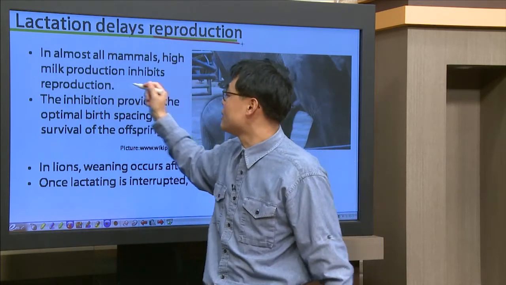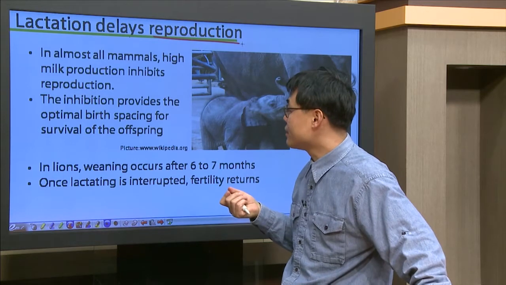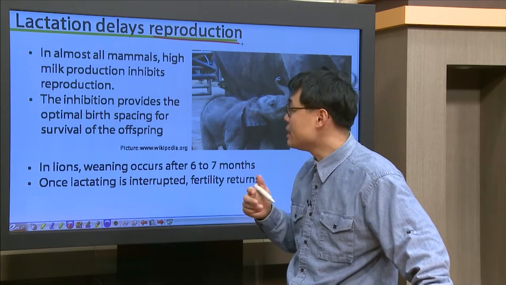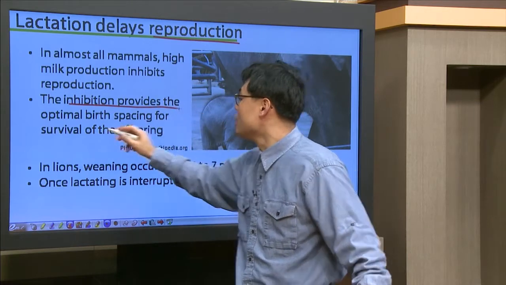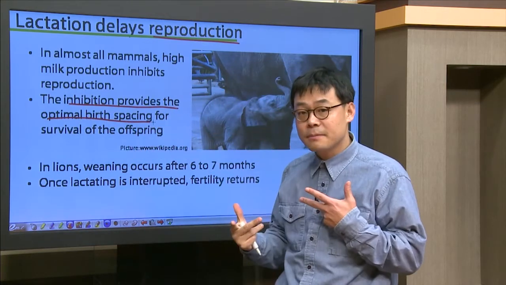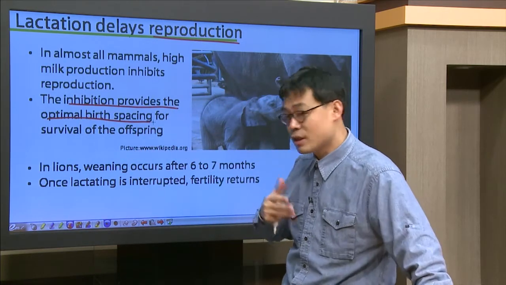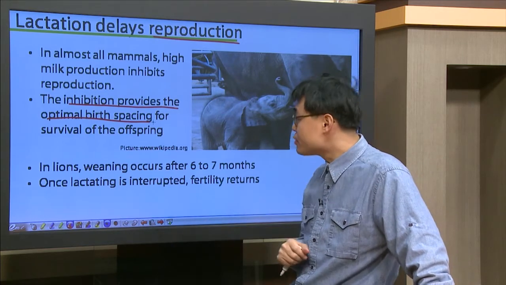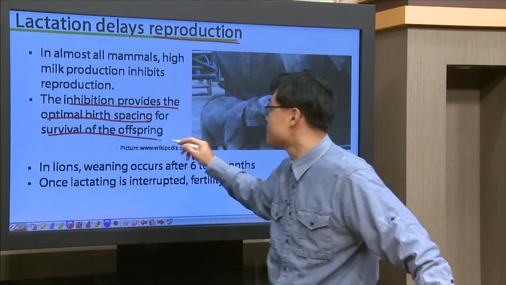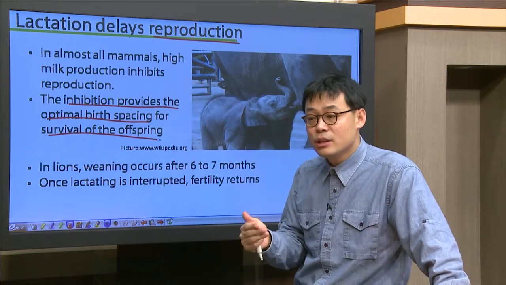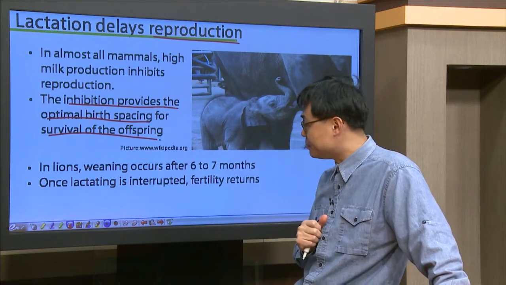This milk production inhibits reproduction, which is probably an adaptation providing optimal birth spacing, so that you don't have several children in a row, which is good for the survival of the offspring. So when you lactate, you delay reproduction.